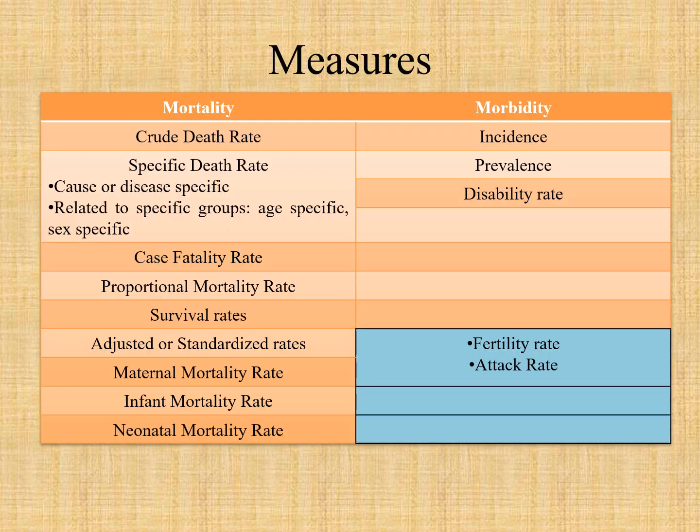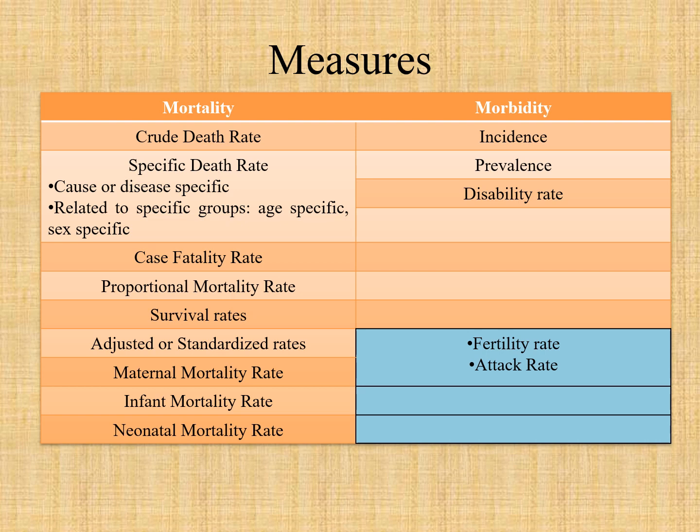So what are the different mortality and morbidity indicators? Mortality indicators are crude death rate, specific death rate, that is cause-specific or disease-specific death rate, or related to a specific group, that is age-specific death rate or sex-specific death rate, etc. Other mortality indicators are case fatality rate, proportional mortality rate, survival rates, adjusted or standardized rate, maternal mortality rate, infant mortality rate, and neonatal mortality rate.